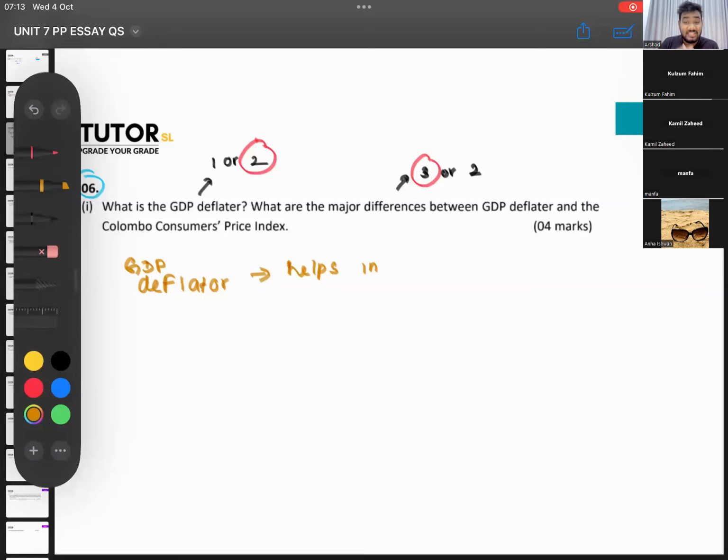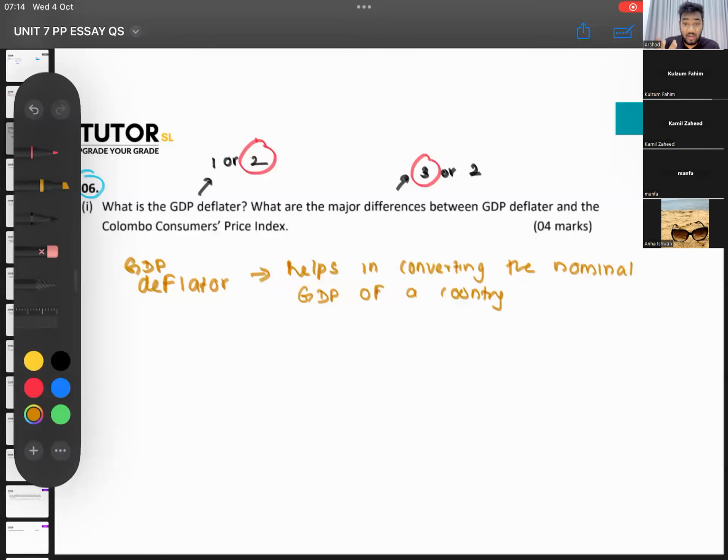You say the GDP deflator is an economic measure that helps in converting the nominal GDP of a country to what?